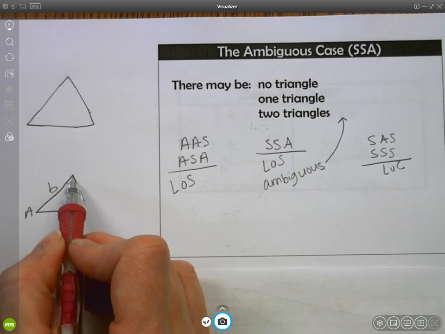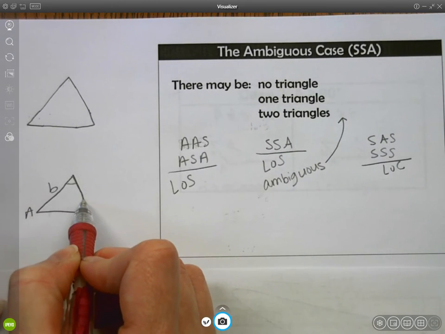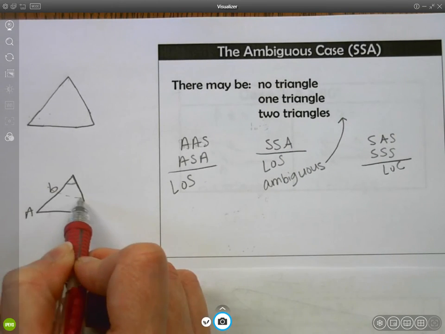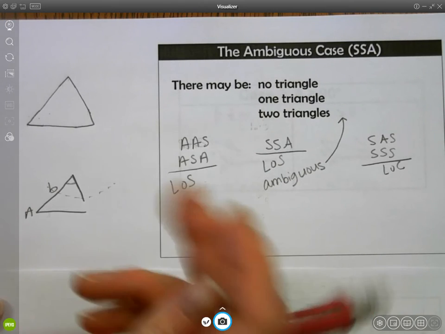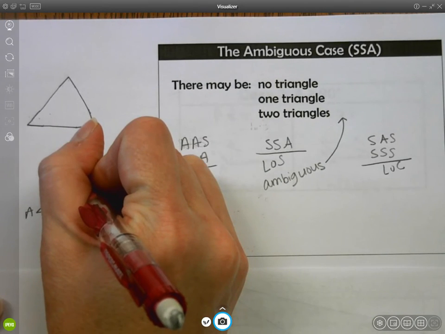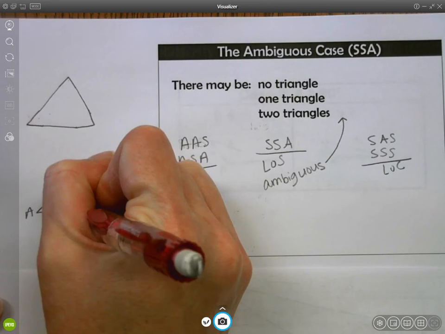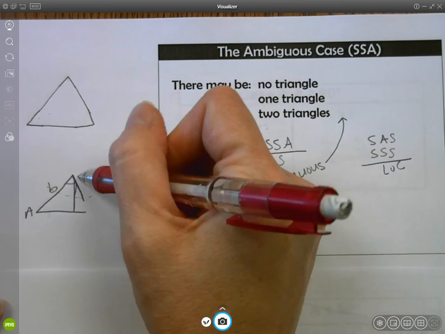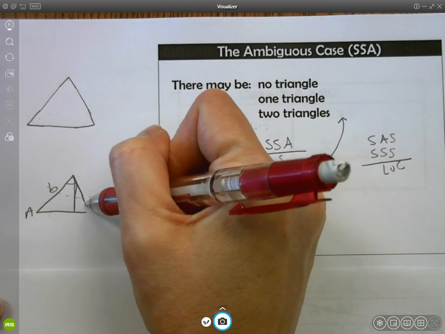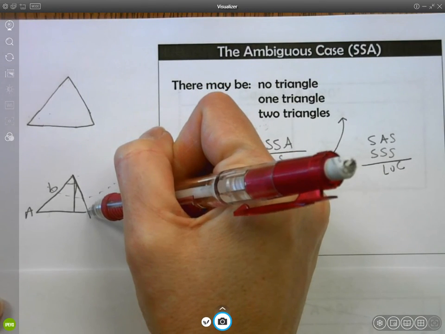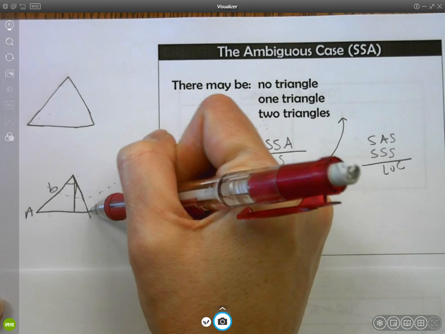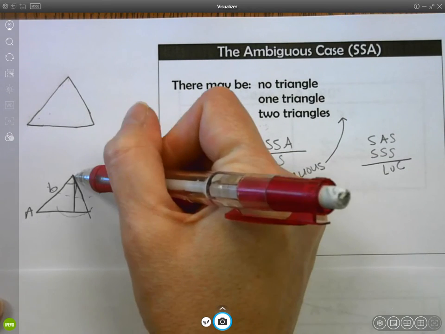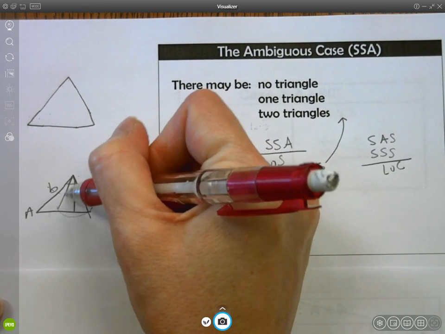So what's happening is when I give you this side, it could be so short that it won't ever reach. I could give you this side and it's the perfect length that it forms a right triangle. It goes straight down and touches. Or I could give you this side that's a length where it comes down here and it can touch here, but it could also swing over here and touch.